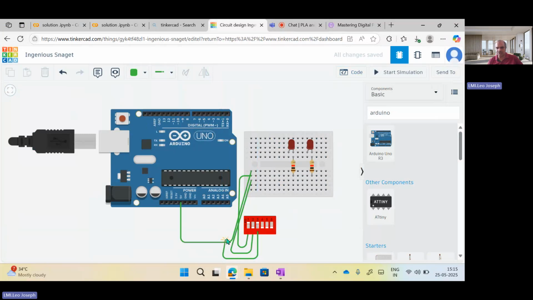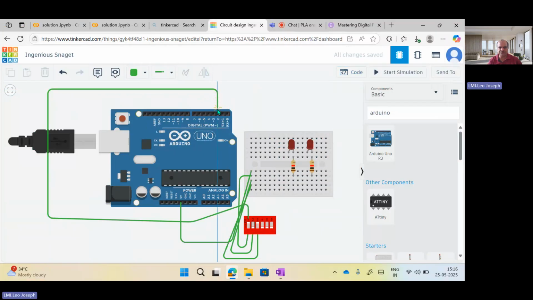You just follow in a systematic manner. Don't jumble the connections, you will get confused. So 3 switches I have connected. From the top portion I am taking, that is called A. I am taking one wire from here, going from here to here. From here I will come and connect to the second pin.